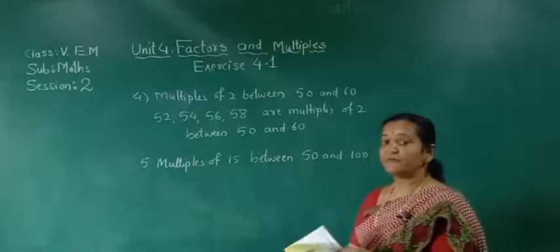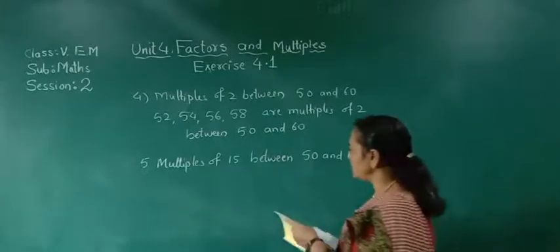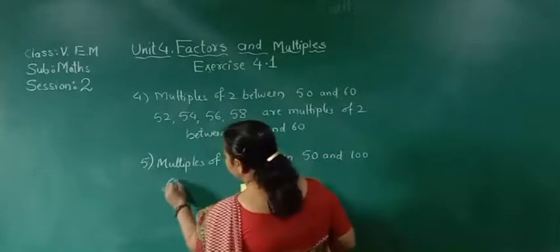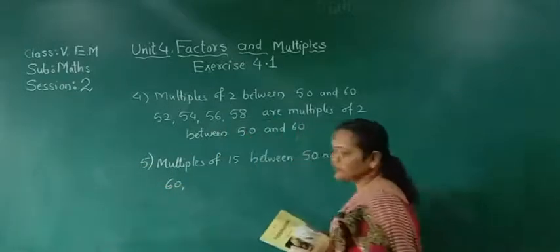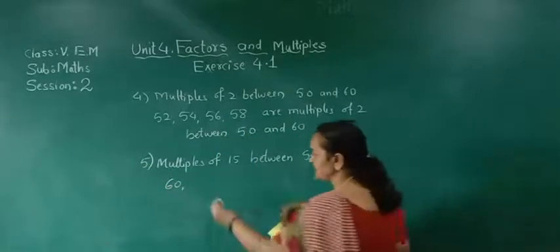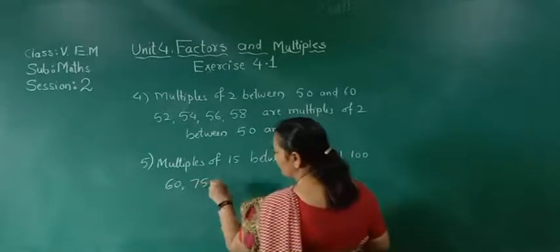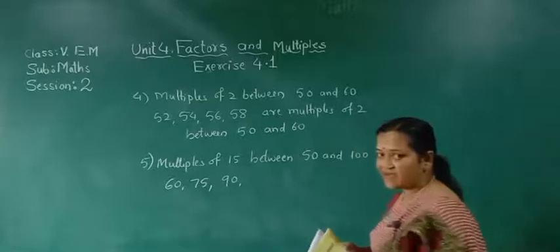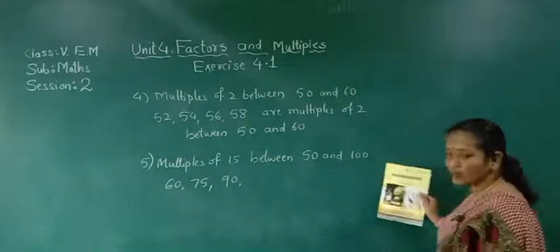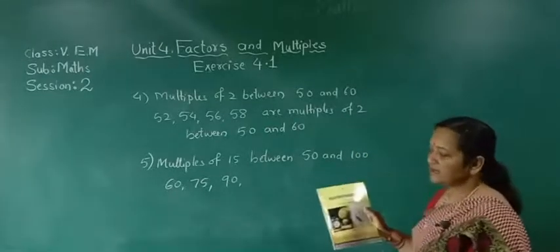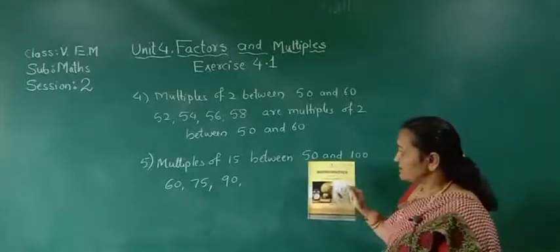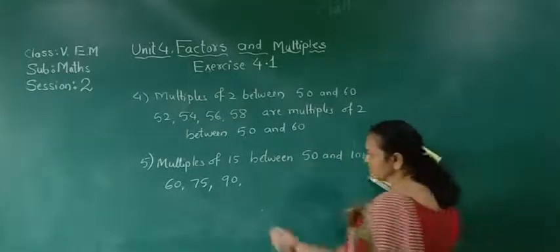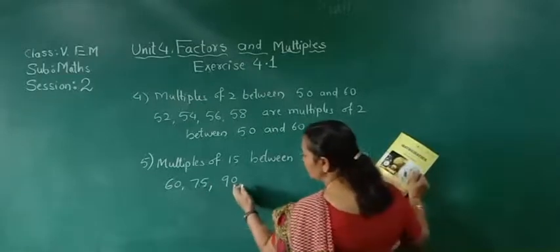Then 15 fours are 60. So here we write 60. Then 15 fives are 75. 15 sixes are 90. Then what is 15 sevens are 105, which is more than 100. So only 3 terms we find multiples of 15 between 50 and 100. So 60, 75 and 90.